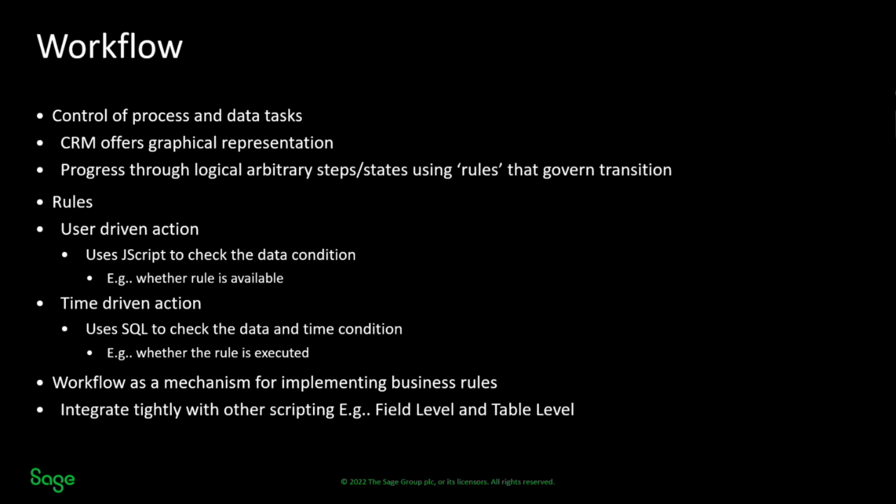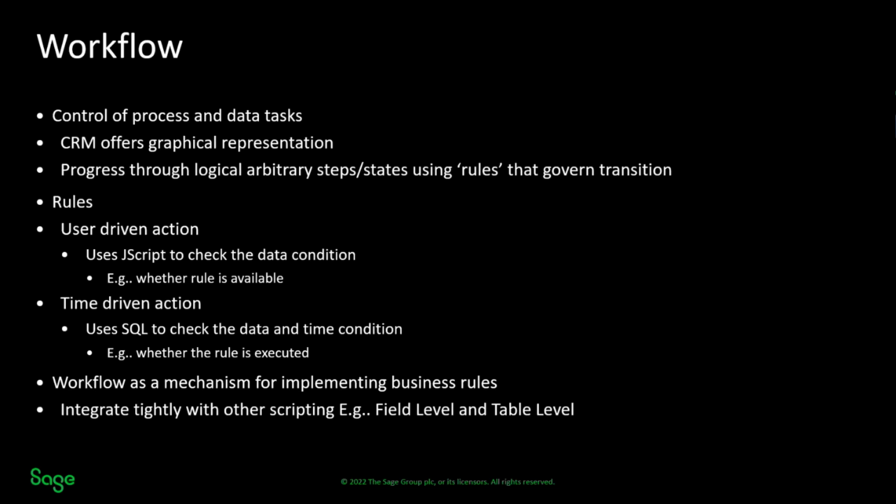We'll see how workflow can be used as well to implement other business rules, and actually how we can start to break the boundaries of what the system says we can do on the front of it. So what we'll look at is actually the way in which we can invoke external behavior, as well as behavior that is triggered through the table level script.